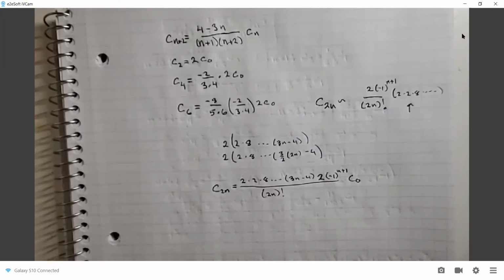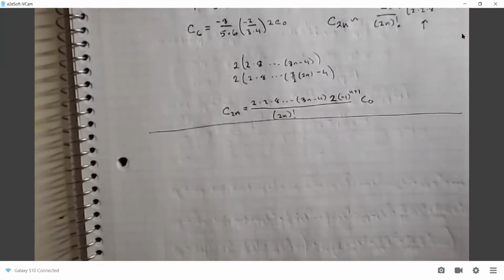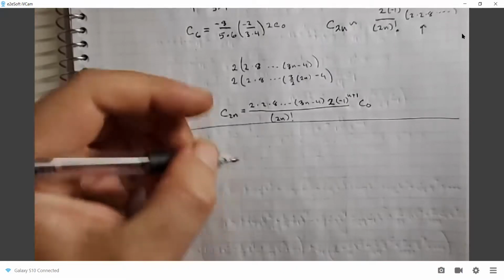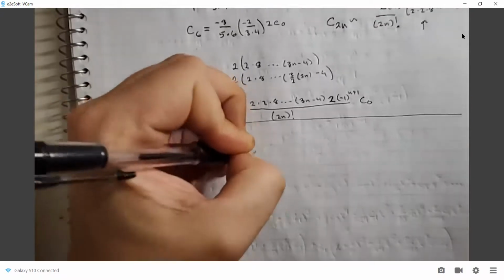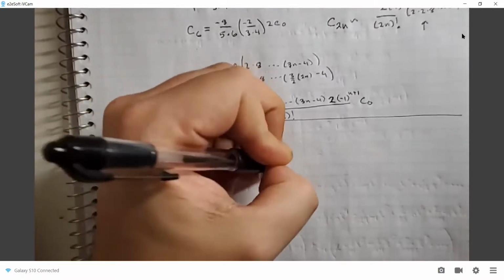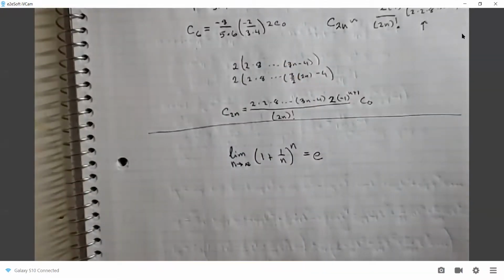You know, like the 1 plus 1 over n to the n equals e thing. Oh yeah, this limit, right? The limit as n approaches infinity of (1 plus 1 over n) raised to the n. That's e. Is there any other identities like that?